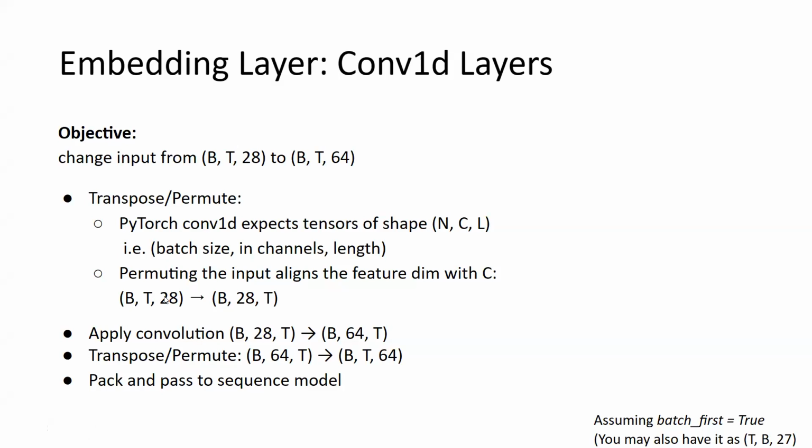And then you transpose it back again before you do the packing and passing it to the sequence model. Because when you pack the sequence, it again expects the number of channels or the number of features to be the last dimension. So there's a slight mismatch between what the packing operation expects and what 1D CNNs expect. So you need to take care of the dimensions along the way.